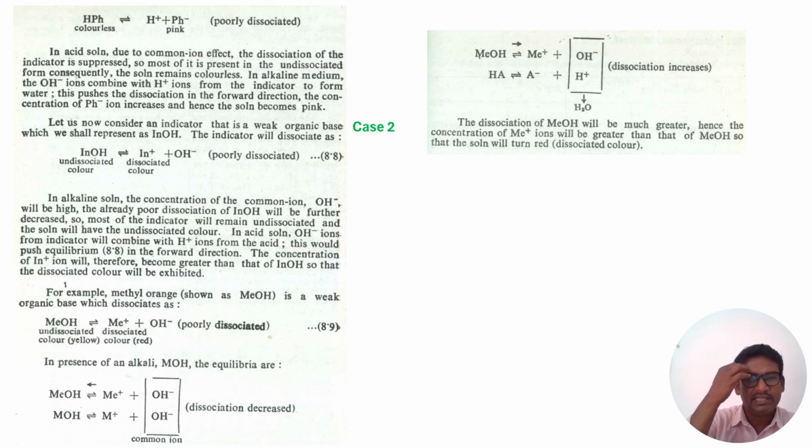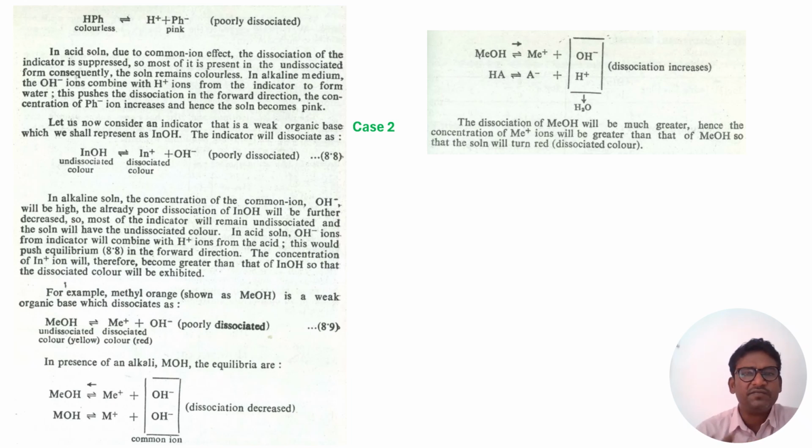See, look at this. HPh gives H+ plus Ph-, which is pink. Ph means here the phenolphthalein indicator. This is an example. Let us take the phenolphthalein indicator, which gives H+ ion plus Ph- ion and is poorly dissociated. So in acid solution, due to the common ion effect, the dissociation of the indicator is suppressed.